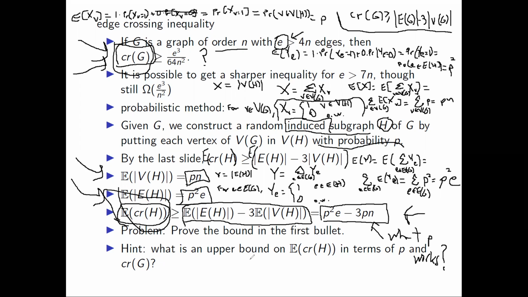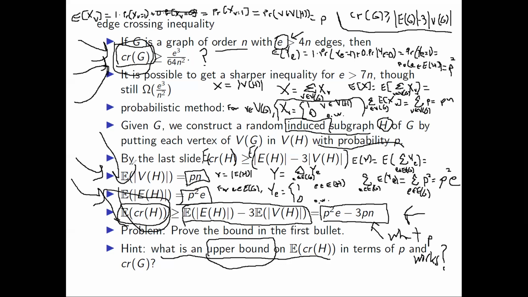So this hint, what is an upper bound on the expectation? That's why we're asking only for an upper bound, not for an exact value of that expectation. So you don't need to get the exact value for this problem. All you need is an upper bound. An upper bound will suffice to get you the CR of G. But the upper bound is going to be only an upper bound, assuming you use a similar strategy to what we used here.